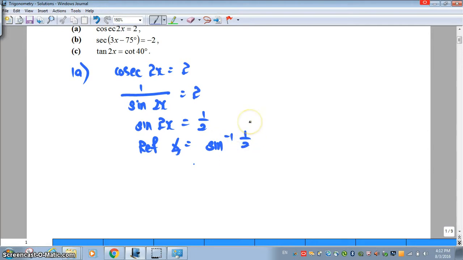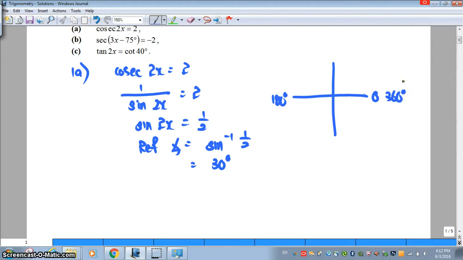Take note, we will always take the absolute value. In this case, since our answers are in terms of degree, please make sure the mode of your calculator is in degree. And you notice that your reference angle in this case will be 30 degree. So, recap: 0, 180, to 360.